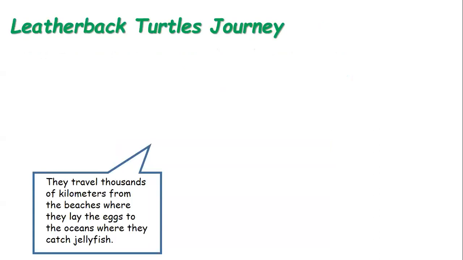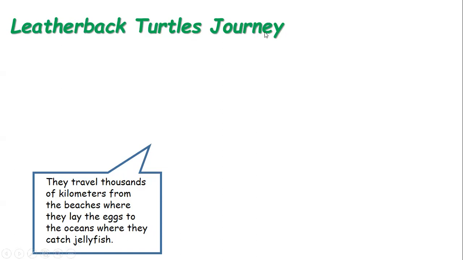How about this one? Leatherback Turtle's Journey. This is a subheading. We can only use one heading, but we can use subheadings. Why do you think it's important? Because it tells us that the following paragraph is going to talk about particular information, which is the journey of the turtles.